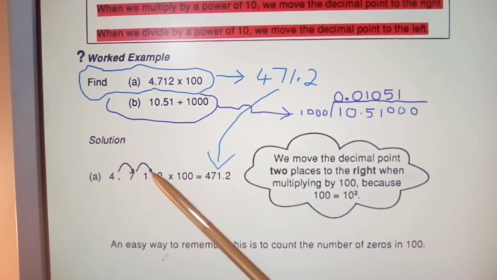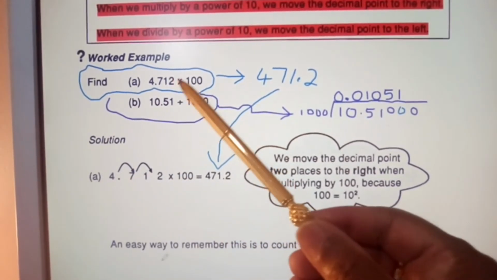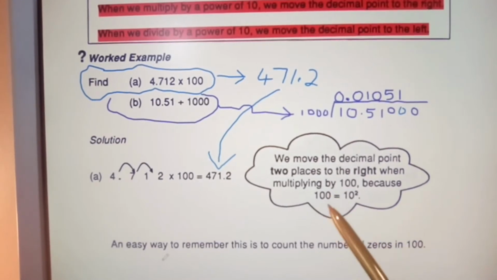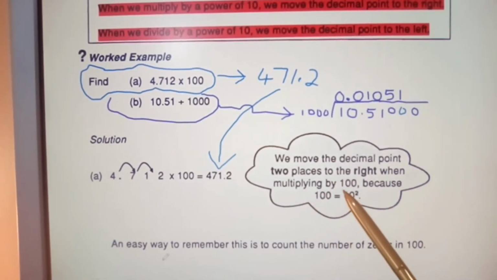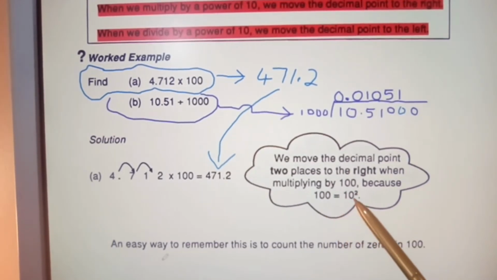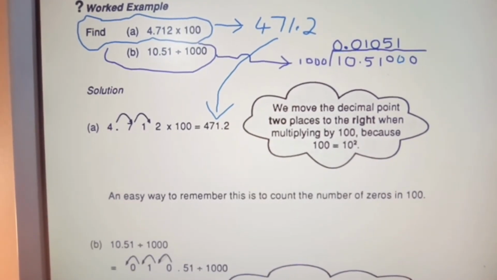We can simply move the zeros to the right for multiplication. We move the decimal point 2 places to the right when multiplying by 100, because 100 equals 10 squared. That is 10 squared. Okay, 10 tens is 100.